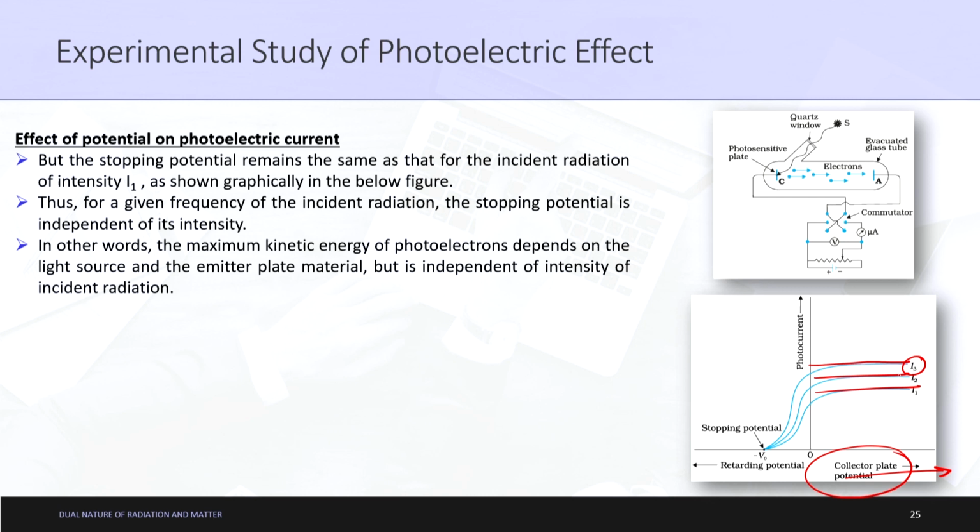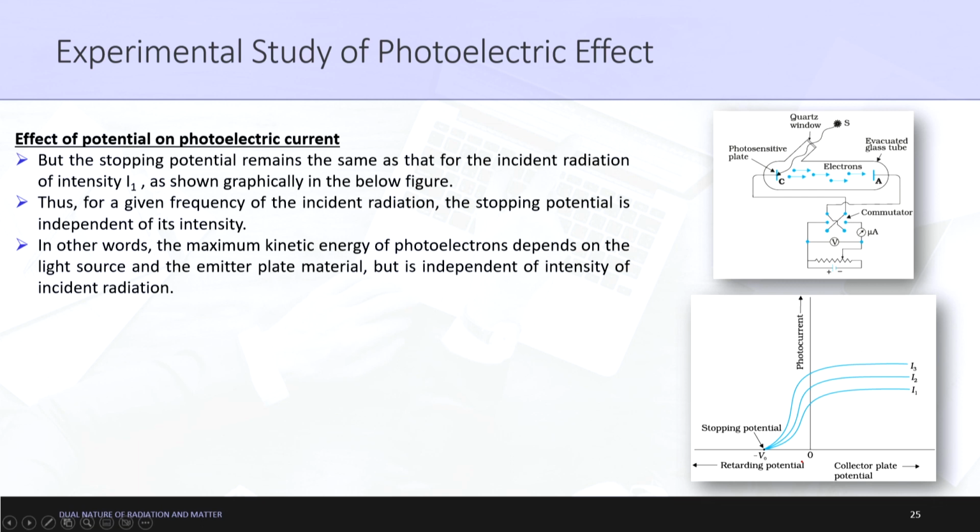This is the first conclusion from this discussion. The second is that when we decrease the potential and go towards the negative direction, you can see each of these graphs intersecting at a single point only. This single point is called the stopping potential. So, these are the 2 conclusions.